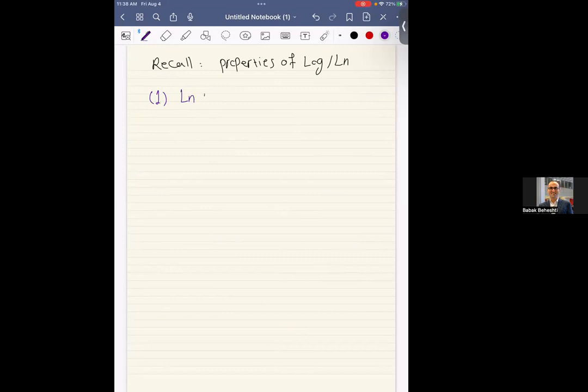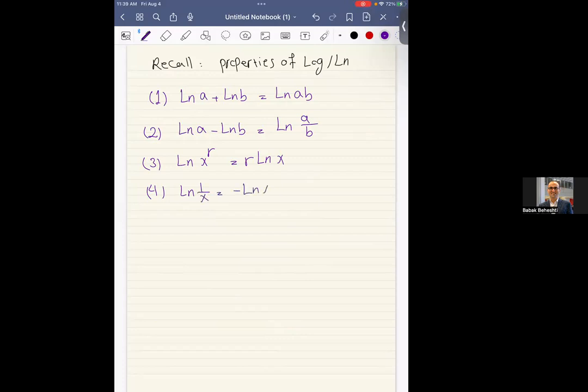Like ln of a plus ln of b equal to ln of ab. Ln of a minus ln of b is ln of a over b. Ln of x to the power r is equal to r ln of x. In particular, ln of 1 over x is minus ln of x.